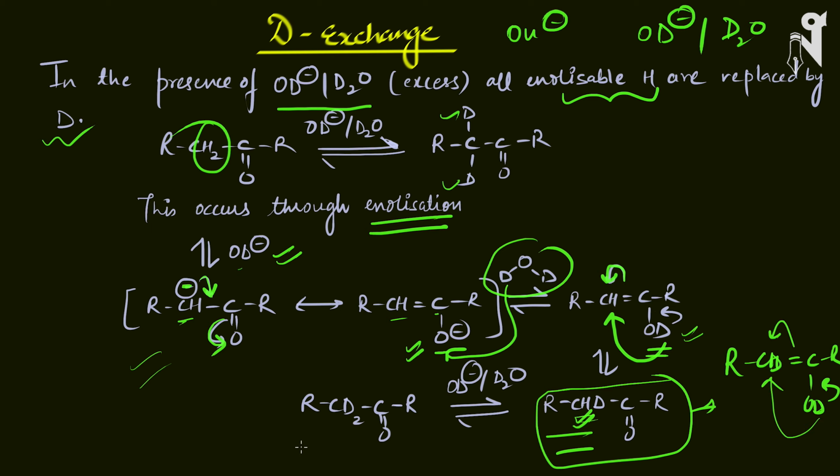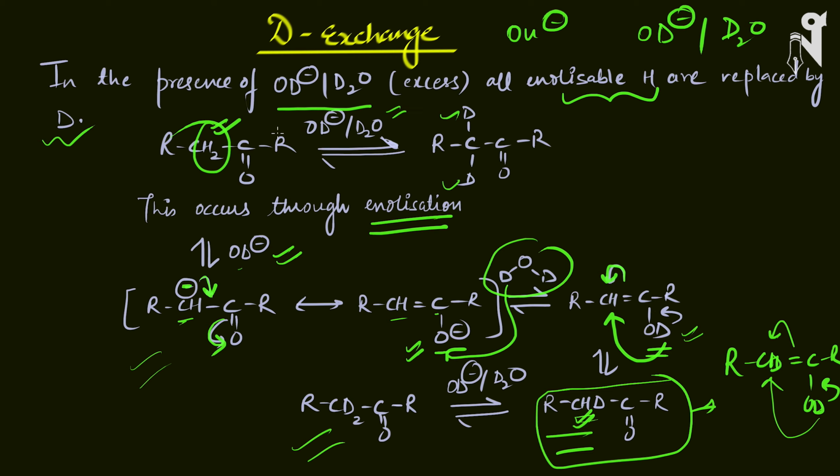So this is the molecule you will get. So exactly the way the mechanism takes place in the basic medium, the same procedure is happening twice, and two enolizable hydrogens are getting replaced by deuterium, and that deuterium is coming from the water. This is how exactly the reaction takes place.